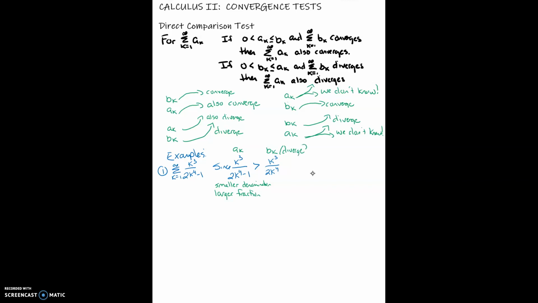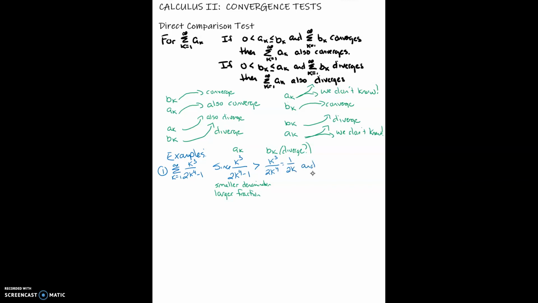Maybe. If they don't diverge, then I can't tell you anything. But if they do diverge, then we know the a sub k's will follow suit. All right, well, let's go ahead and simplify this. K cubed over 2k to the fourth reduces to 1 over 2k.